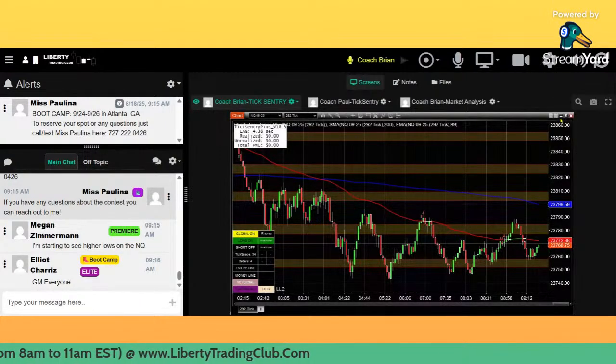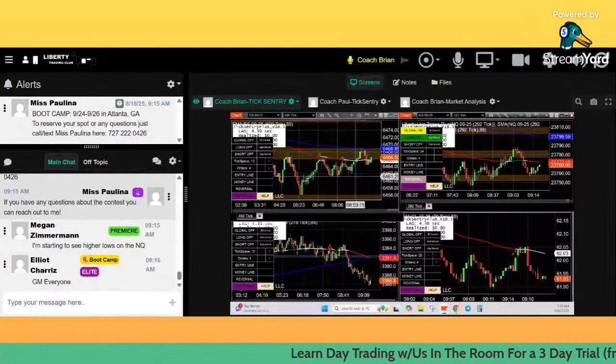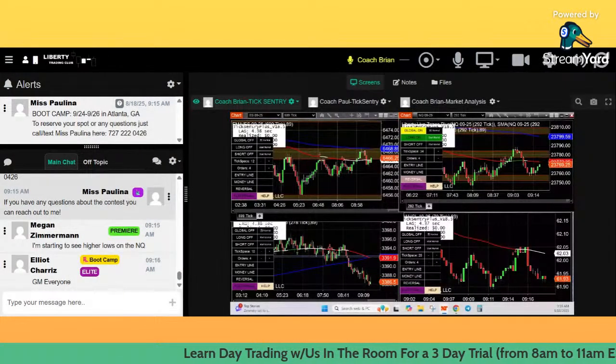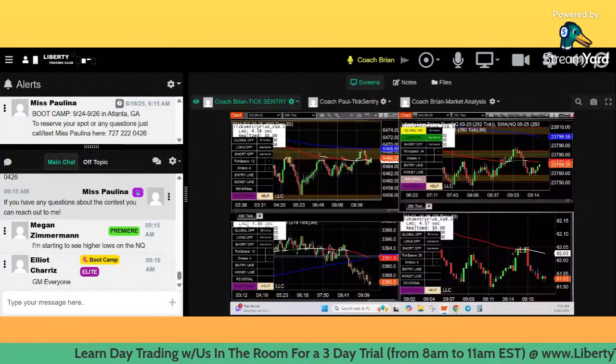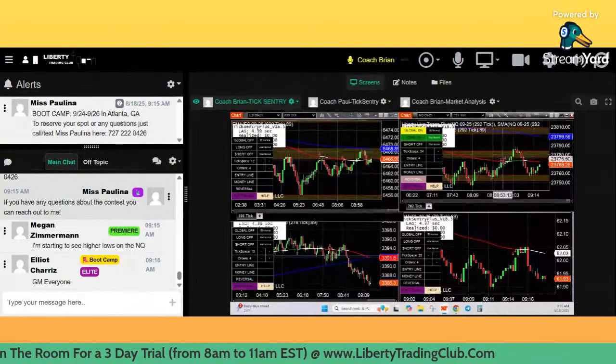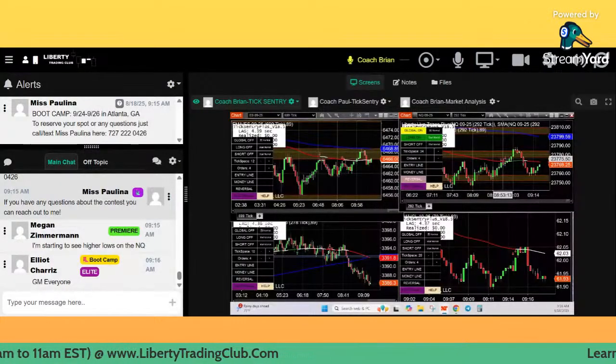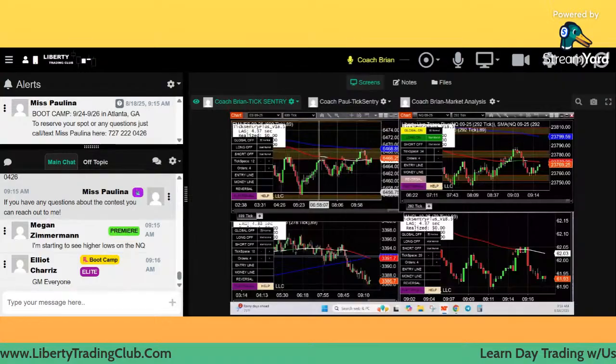The two regrets Friday: the early reversal and not moving the target on that one. But the point I'm trying to make here is you guys should start getting excited about this. Those of you using Tick Sentry, when it turns in a zone, or near a zone, those are ideal situations.